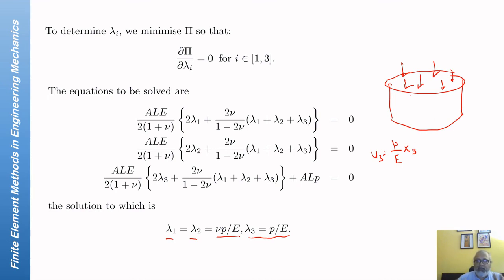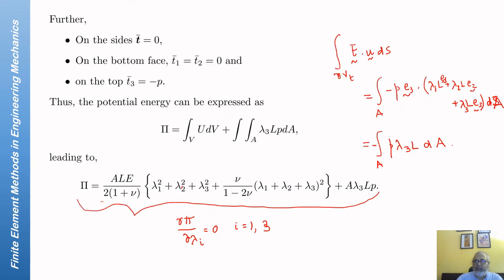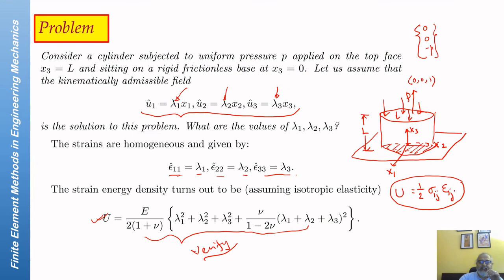Okay, so what this problem shows is that we can start from the principle of minimum potential energy and guess a solution. In this case we guess this, and then the number of variables that we need to solve for is dependent on how good our guess is. In this case, I have to determine just three numbers in order to get the solution.